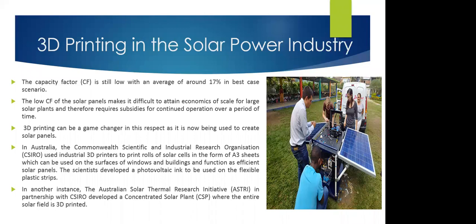3D printing can be a game changer in this respect as it is now being used to create solar panels. Although the technology is at a very early stage, researchers claim that application of additive technology in solar panels could reduce manufacturing cost by 50% with a 20% increase in efficiency.